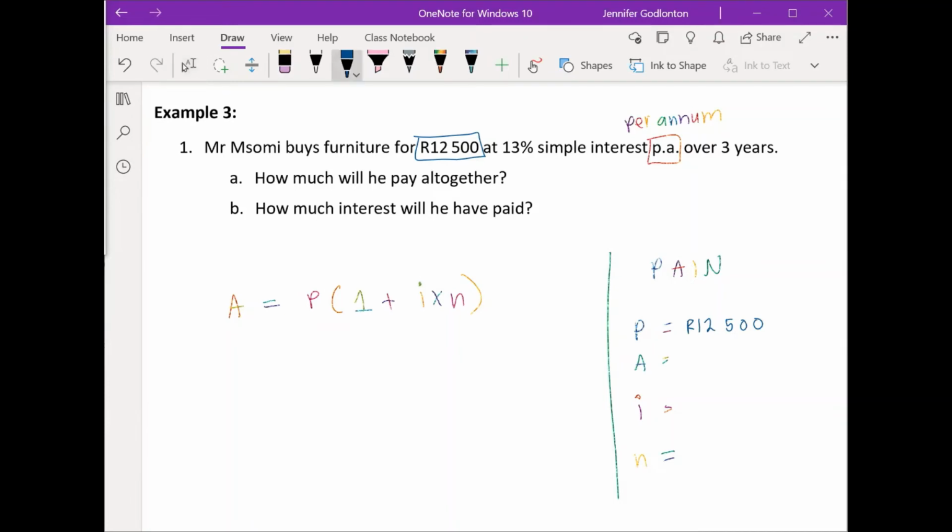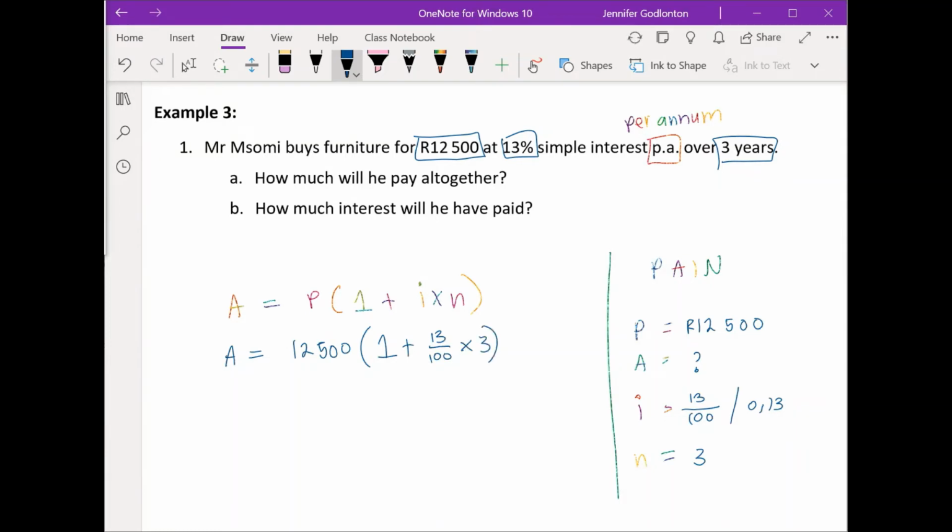Okay, so A is what we are looking for. We have P, 13% is our interest rate. So now I'm going to write this as 13 over 100 because I don't want to make a mistake, or I'm going to write it as 0.13, and it is over 3 years, which means my N is 3. So I'm going to say A is equal to 12,500 bracket 1 plus 13 over 100 times 3.